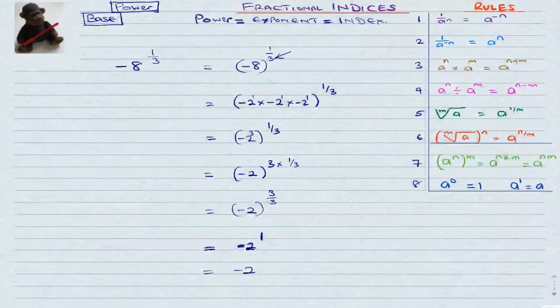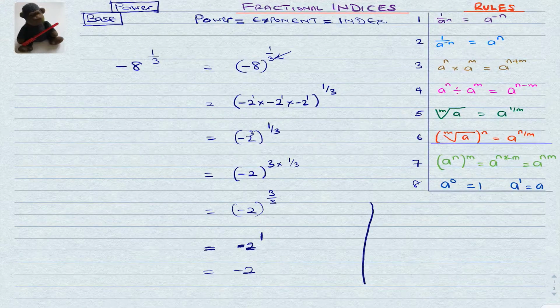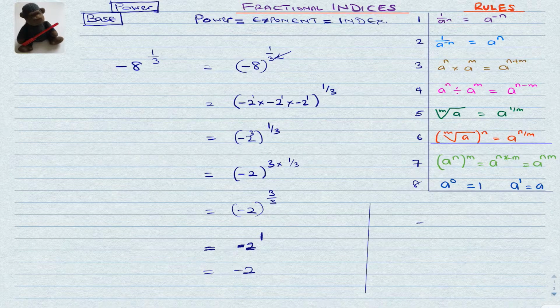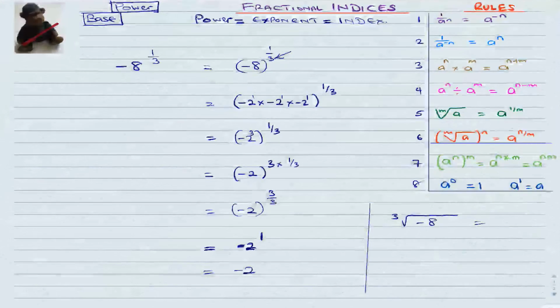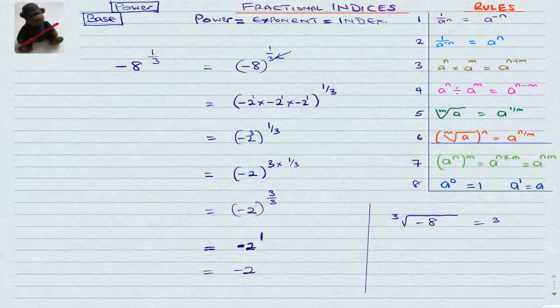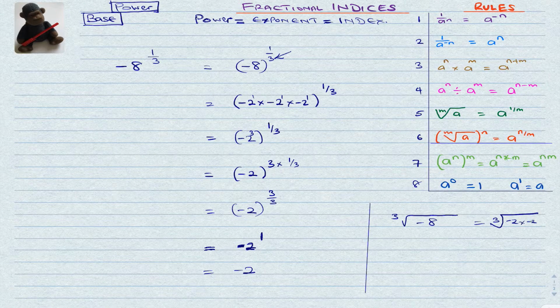You could have done the same thing by basically applying the cube root, which is minus 8 cube root. That's rule number 5. And that automatically will give you, well, let me simplify it to be honest. Cube root of minus 2 times minus 2 times minus 2.